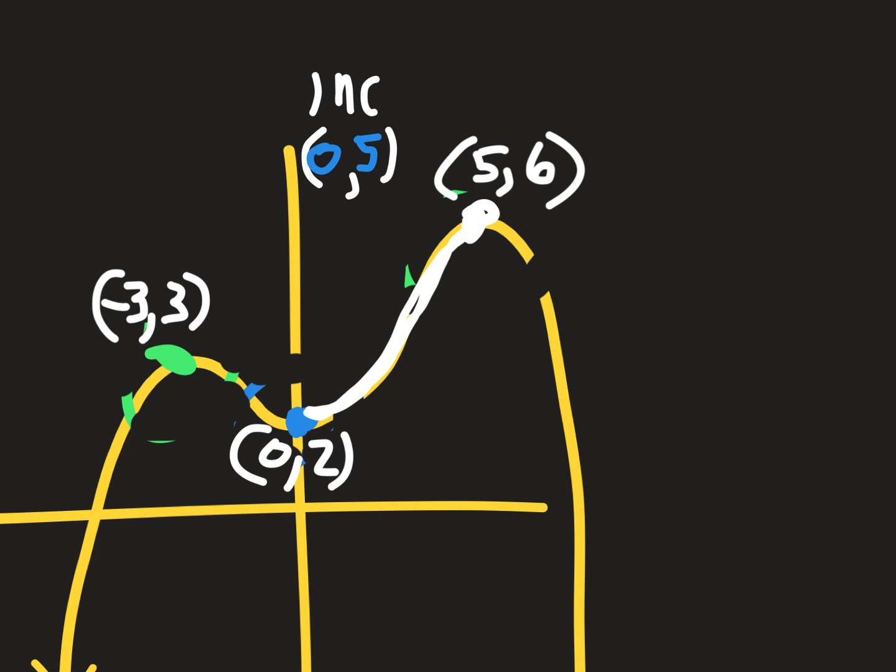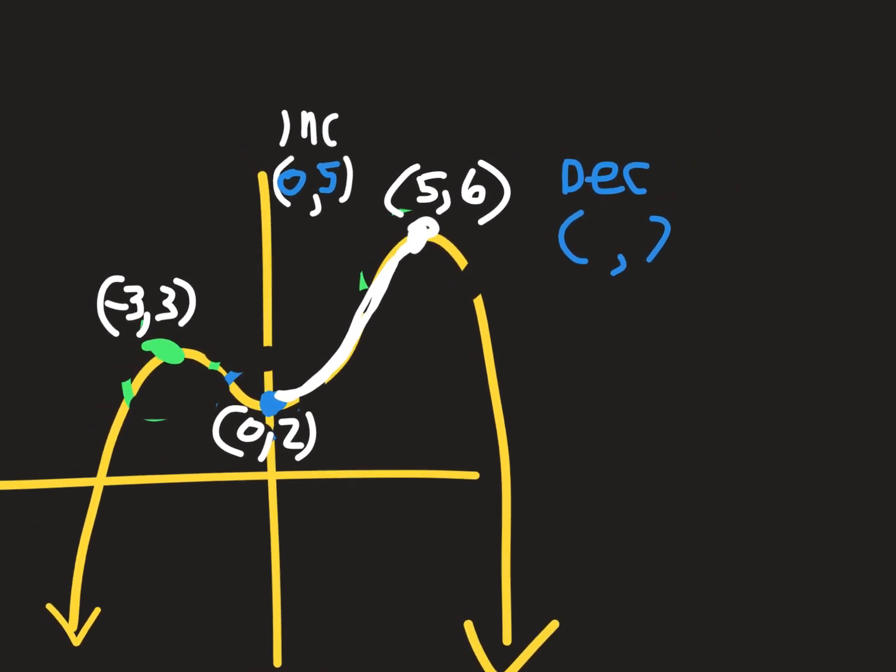Now, if you understood that, you should be able, I know this is not easy, to tell me that it's decreasing over here between what and what? Now notice, it keeps going down forever. X values.